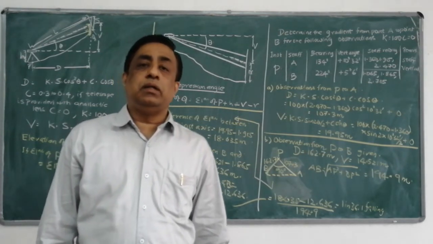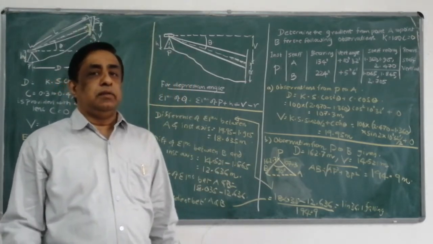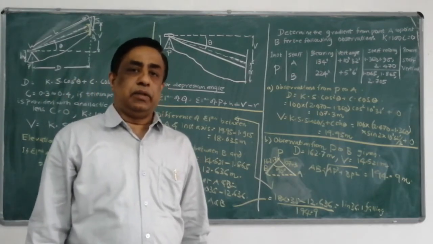Now, what we have to see in this tachometer is that we have three cross hairs.